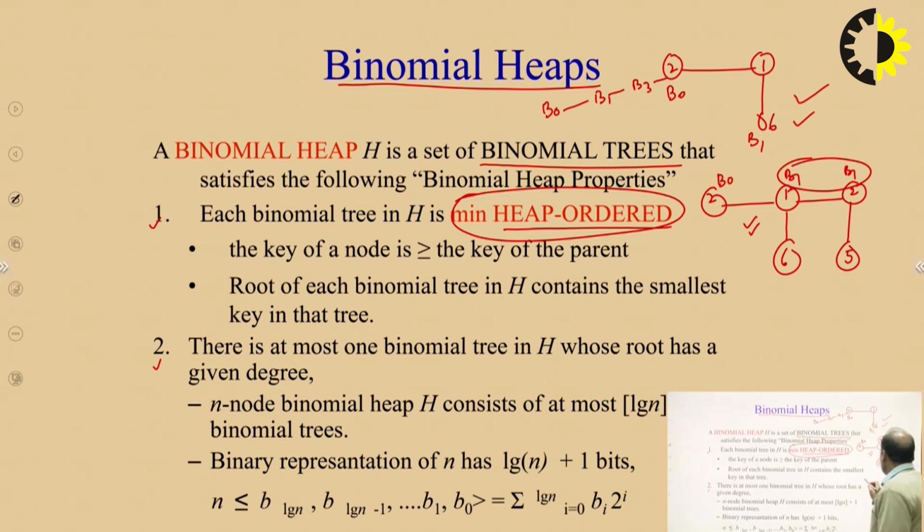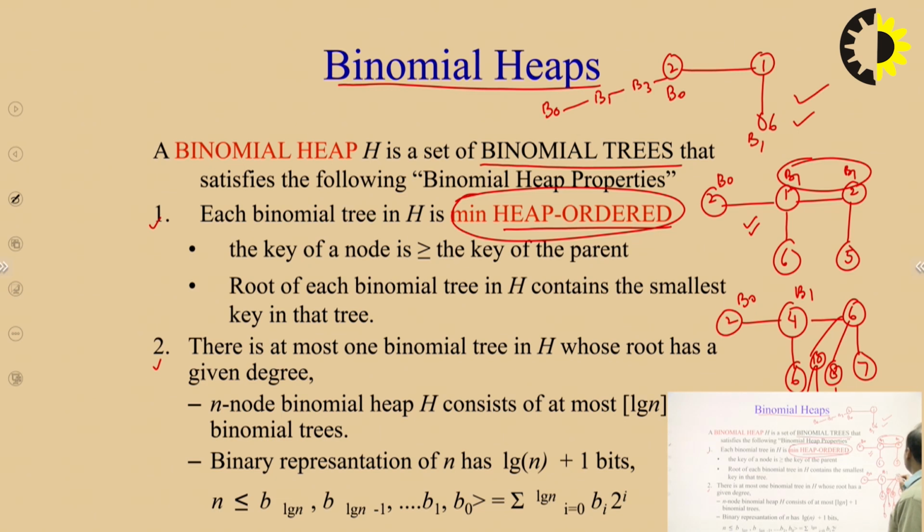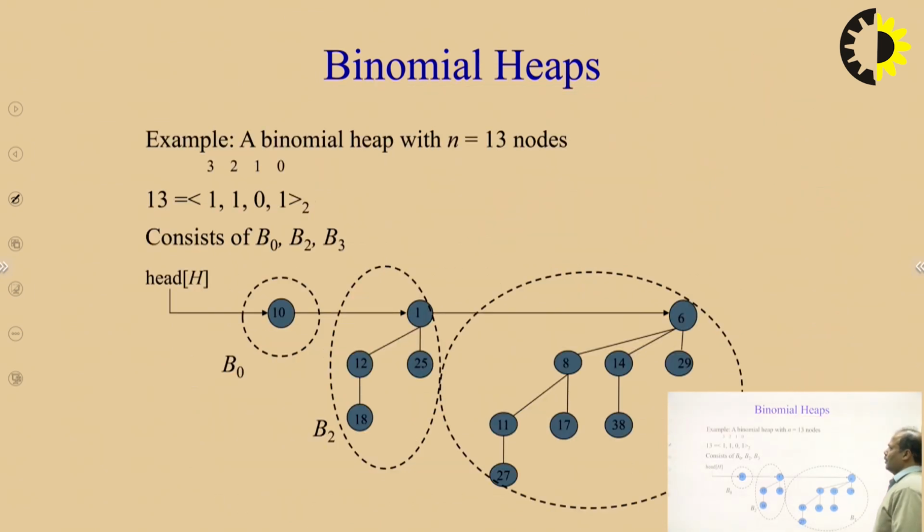So this is B0, this is B1, and this is B3. The next cannot be B2, it should be more than B3. That is the implication.